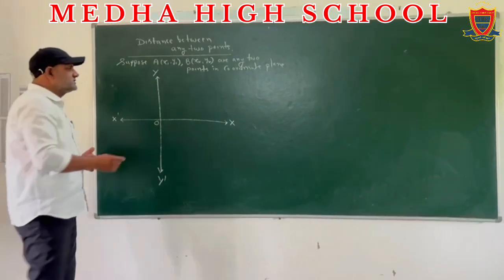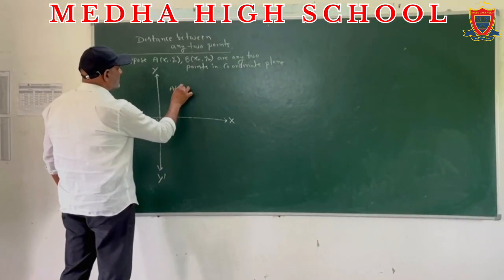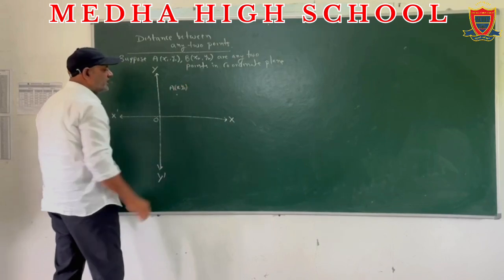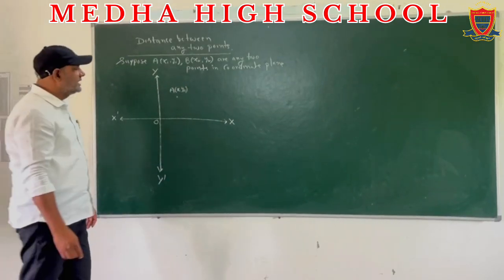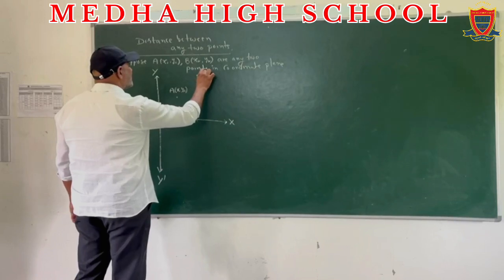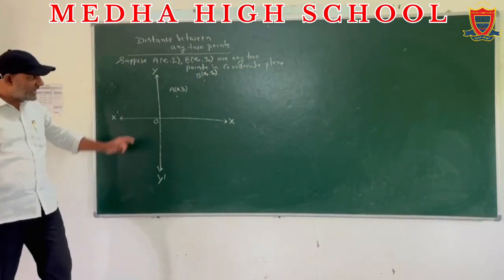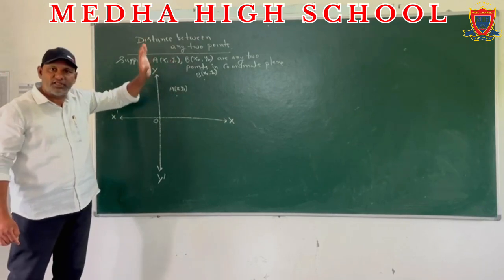So let us suppose this is point A (x1, y1) and this is point B (x2, y2).